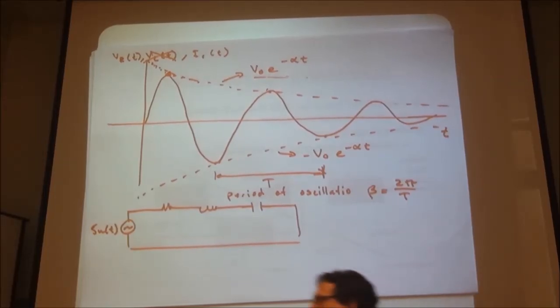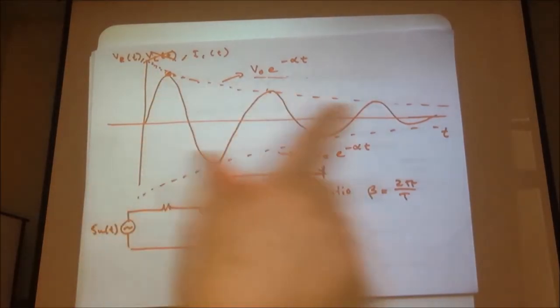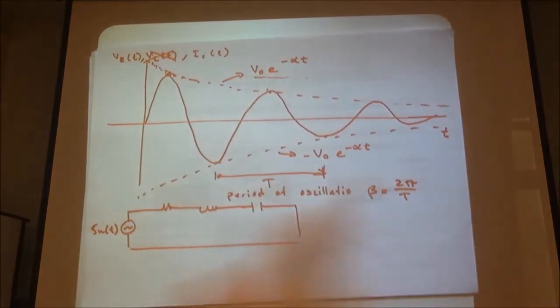So when I say exponentially decaying sinusoid, effectively what the exponential does is it determines the amplitude of the sinusoid at a given point in time. And it's decaying, of course. It's getting smaller. So that exponential is the amplitude of the sinusoid.